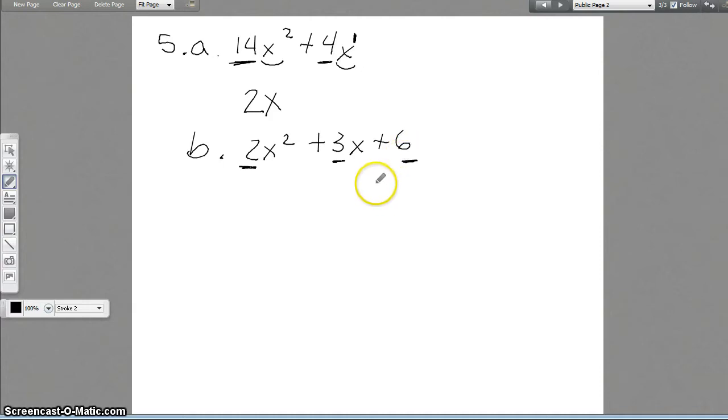Now we need to look at our variables. We have x squared, we have x to the first power, and then we have just a constant 6, which is like x to the 0. What is our lowest degree for the variables? 0. And x to the 0 is 1. Our greatest common factor for this one is just a 1.